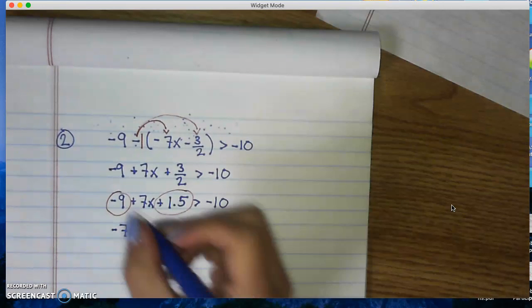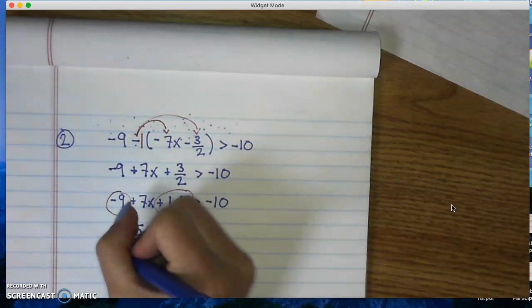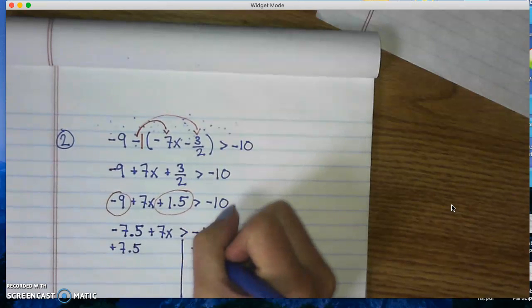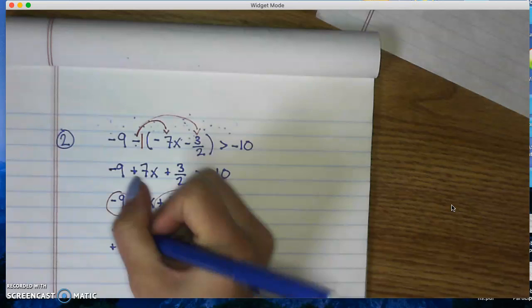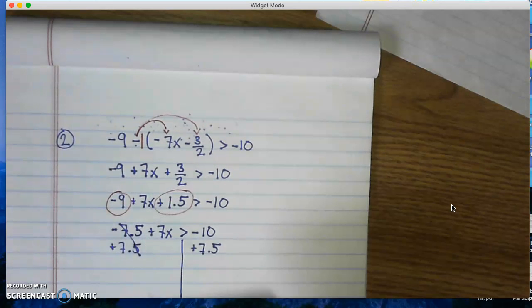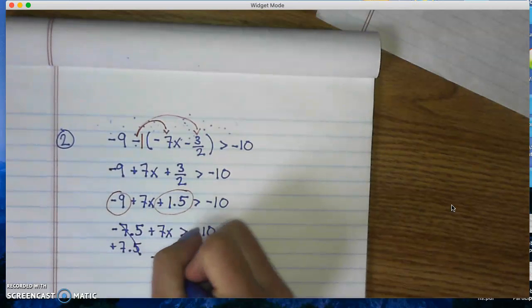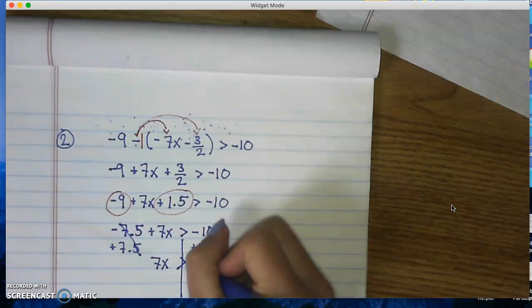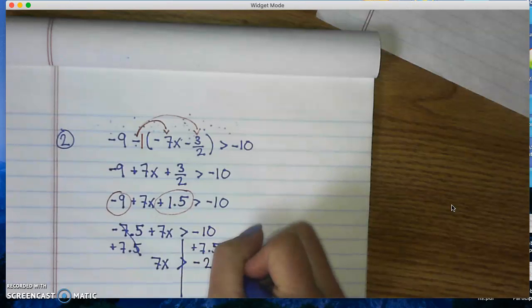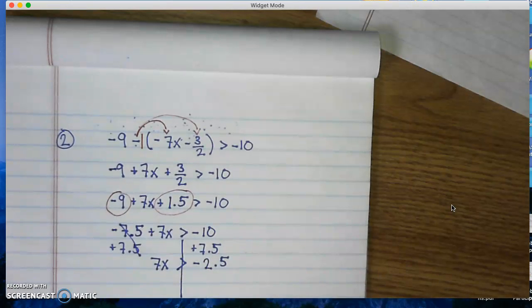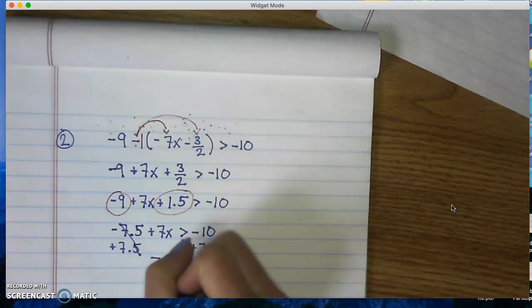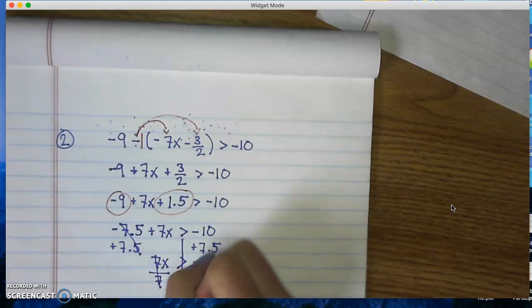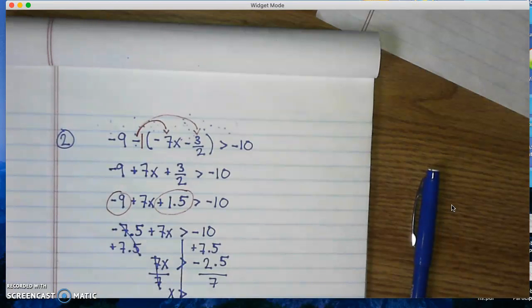All right, well, let's do plus 7.5, draw our line, plus 7.5 goes away. So we have 7x is greater than -2.5. Divide by 7, divide by 7. X is greater than, I'm going to pull out my calculator.